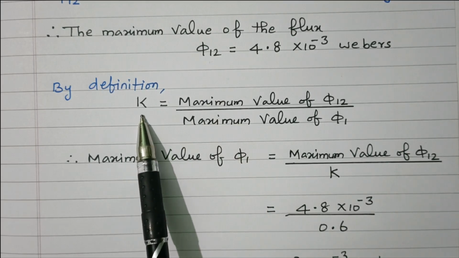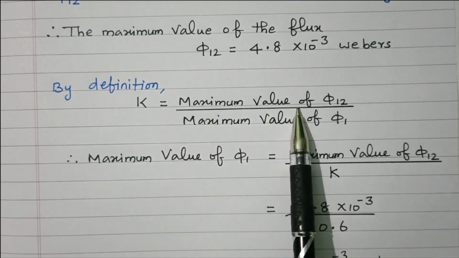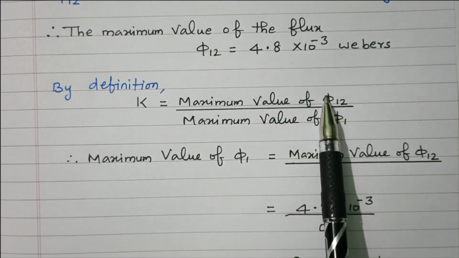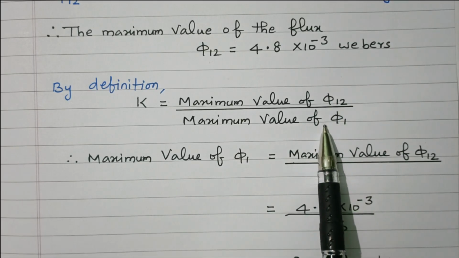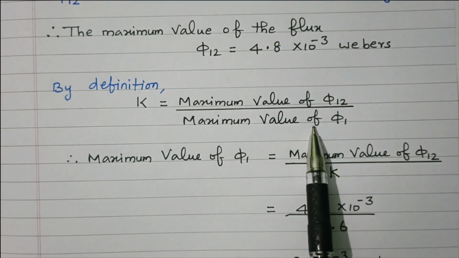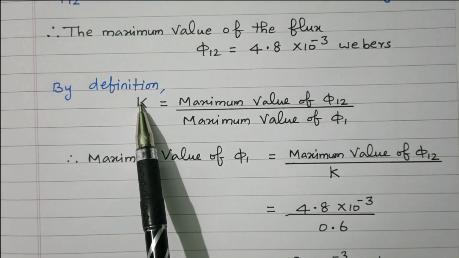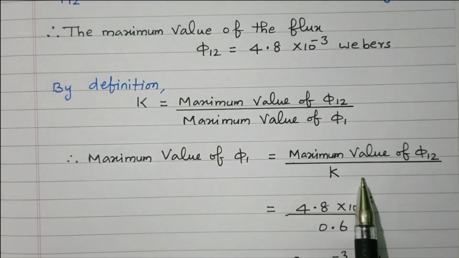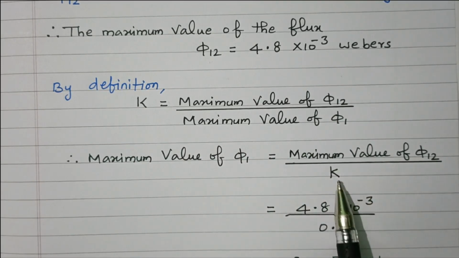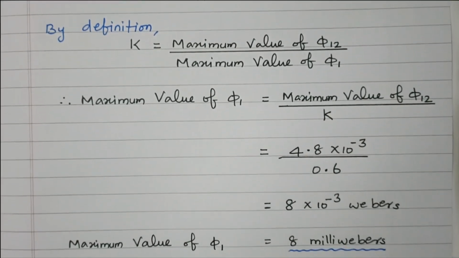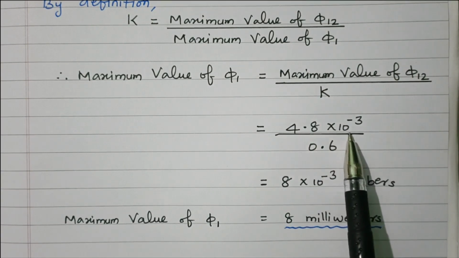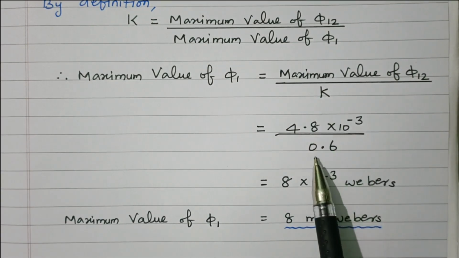By definition, K equals the maximum value of φ12 divided by the maximum value of φ1, the flux linked with the second coil to the flux in the first coil. So what we need is φ1. Bringing K to the denominator on the other side, the maximum value of φ1 equals the maximum value of φ12 divided by K. Substituting the values, the maximum value of φ12 is 4.8 into 10 to the power minus 3 and K is 0.6.